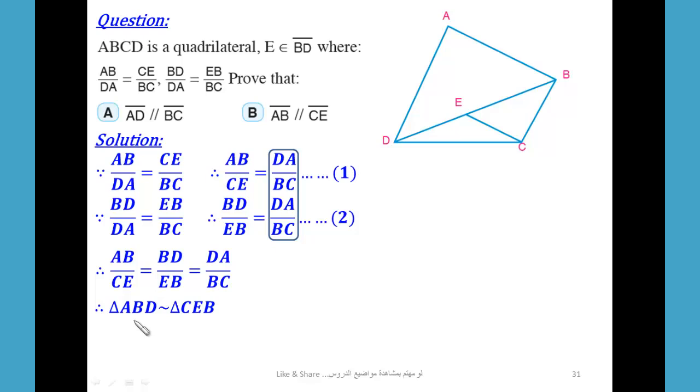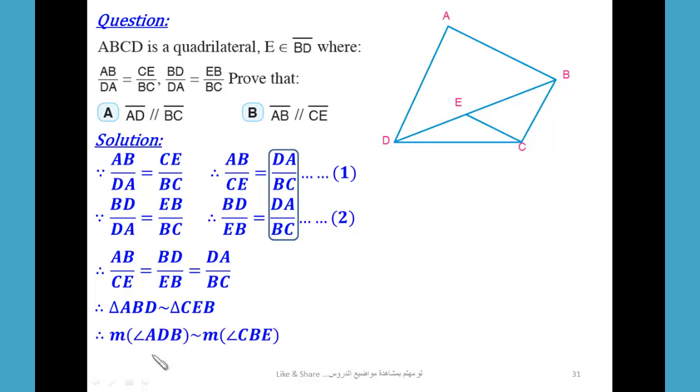Triangle ABD is similar to triangle CEB. Here, AB over CE, we start with AB and CE, then BD and EB. Now, since we have two similar triangles, the corresponding angles are equal in measure.